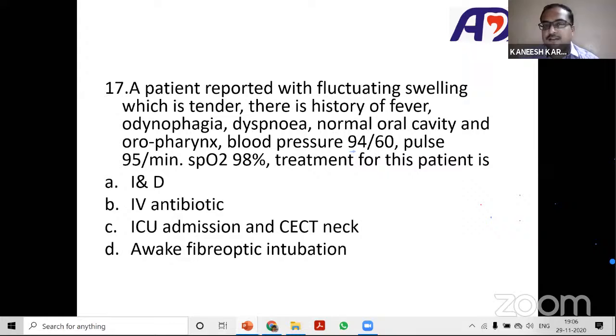The keyword is only this: fluctuating swelling. What is fluctuating swelling? It implies an abscess. So you have to do incision and drainage.